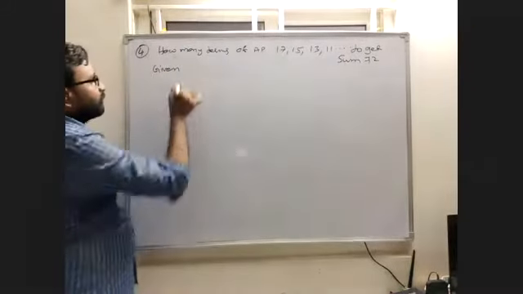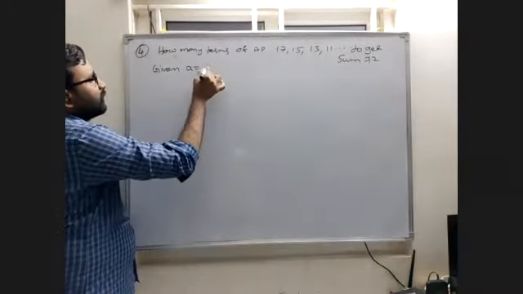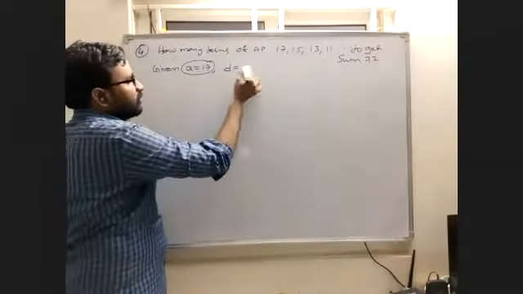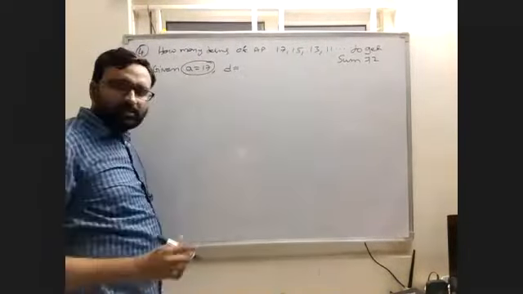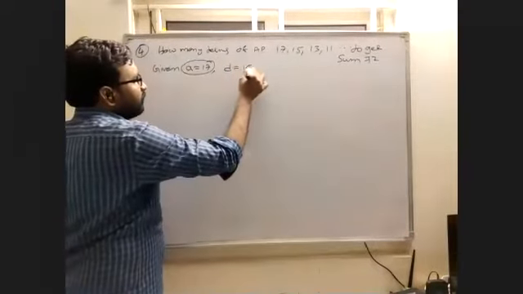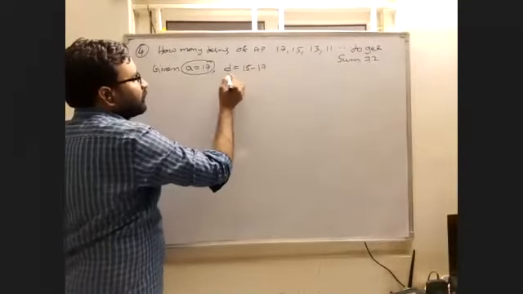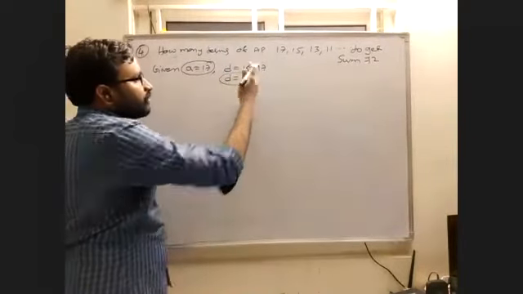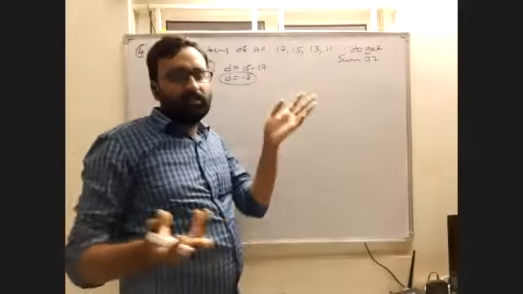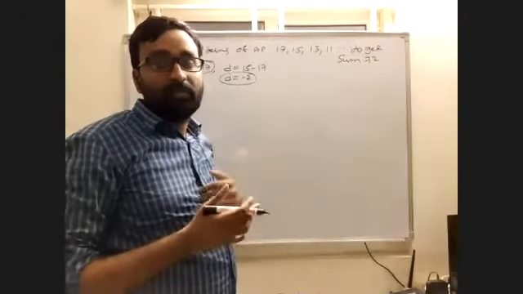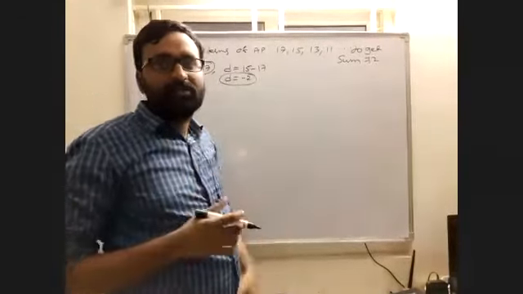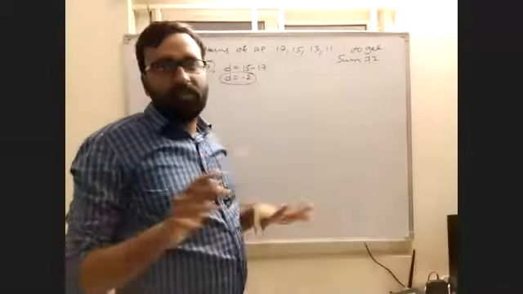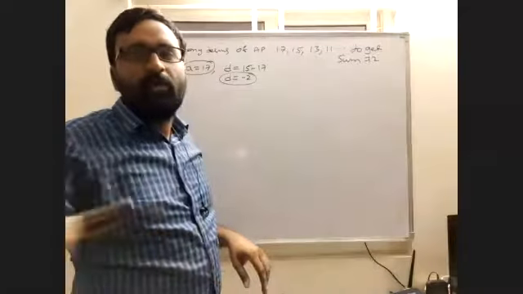So here given the first term, a is equal to 17, and the common difference, d is equal to 15 minus 17. I am writing here 15 minus 17. It will be minus 2. Don't write plus 2. If you see the difference of 17 minus 15, it is 2, but that is wrong. You should write small minus big always negative, big minus small always positive.